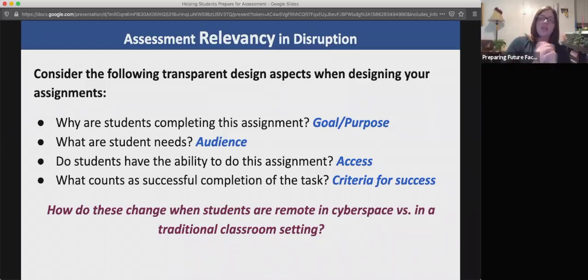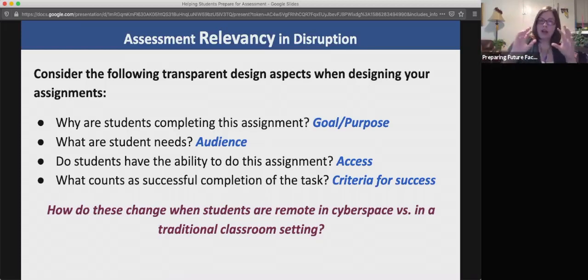I say, here's your rubric. This is what your grade will be based on. Now, when we move into this time of disruption, I have to go back and evaluate what a successful paper is going to look like. Maybe I need to offer an alternative to that assignment. Maybe I have to adjust and simplify what I'm looking for.